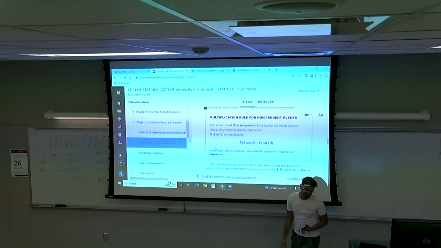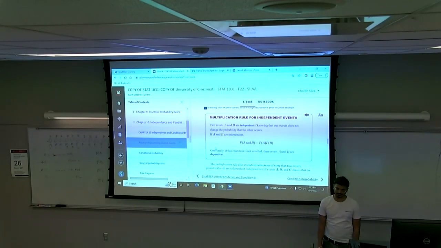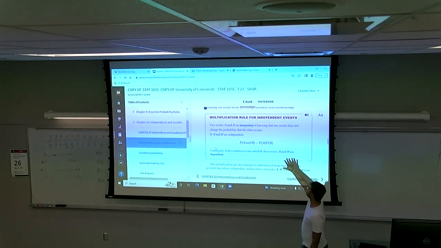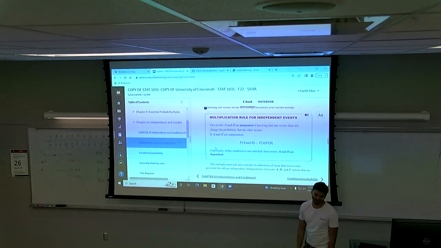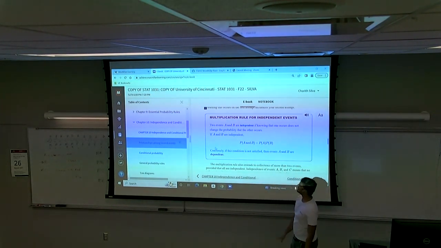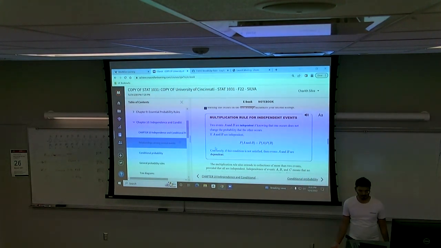Now see, this is the multiplication rule that we have. It says two events A and B are independent if knowing that one occurs does not change the probability that the other occurs. If that is true, we can say that the probability of A and B is P(A) times P(B).